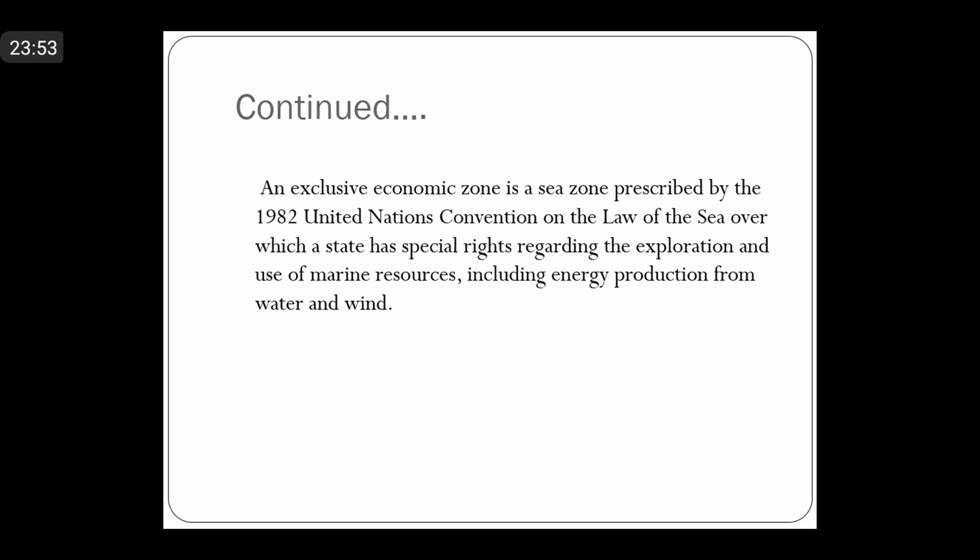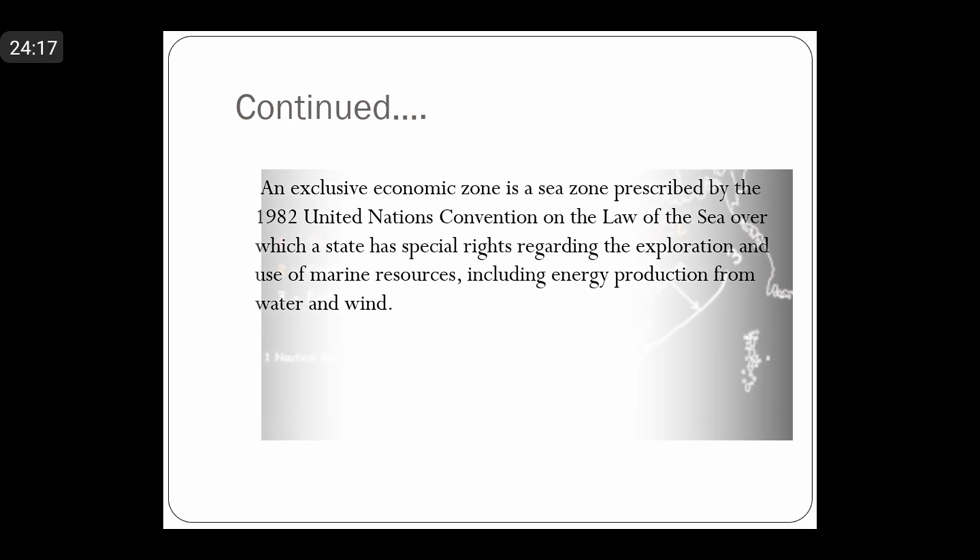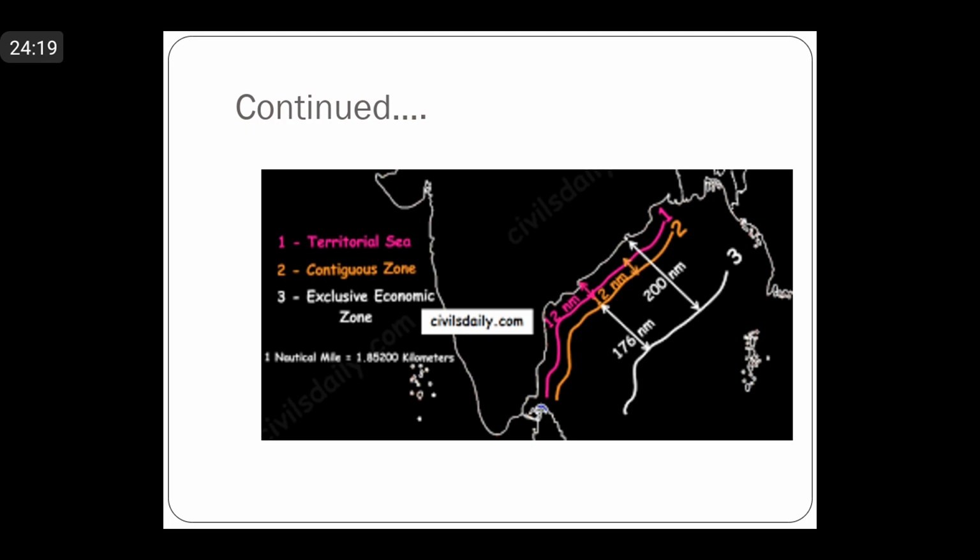And just now I told you that if the growth and the development of any country is dependent on the oceanic resources or the marine resources, then the United Nations gives you the permission for exploiting the resources available in between 12 to 200 nautical miles. Here it is given with the help of this map.